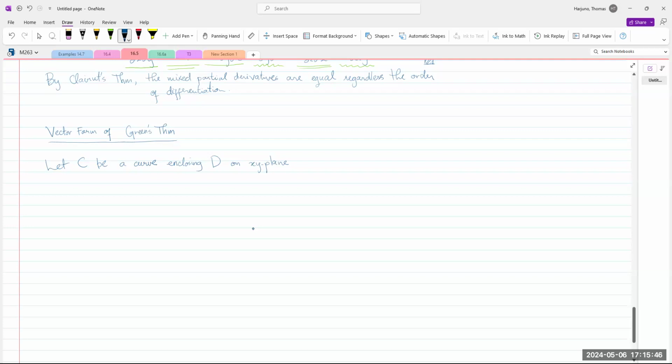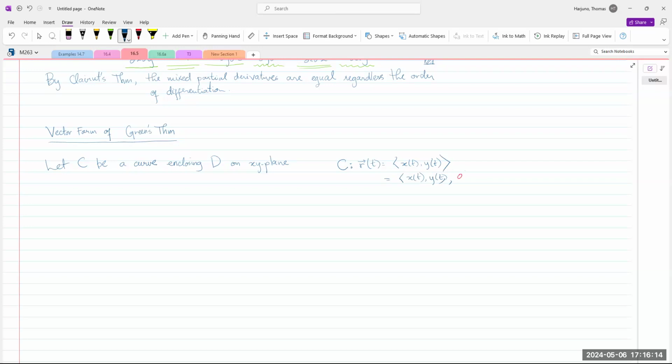Okay, so our C originally is r(t) equals the x component and the y component only, right? Now we will see it this way.